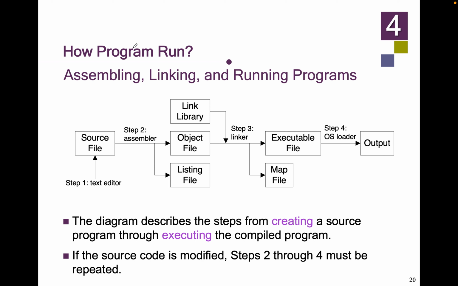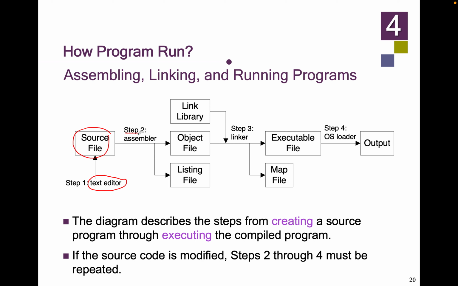How does a program run? If you open Word, PDF, PowerPoint, or whatever program you have on your laptop, what is happening inside your computer? Let's say you have a text editor you want to open, so you start from your source file.